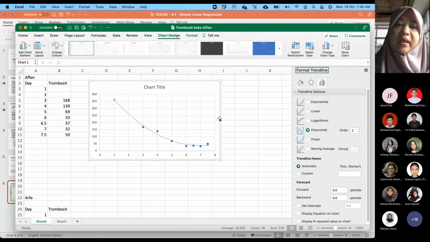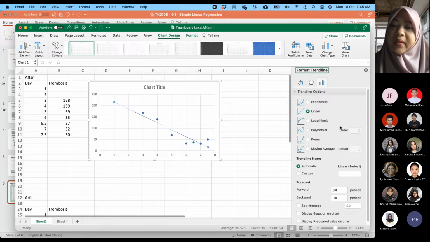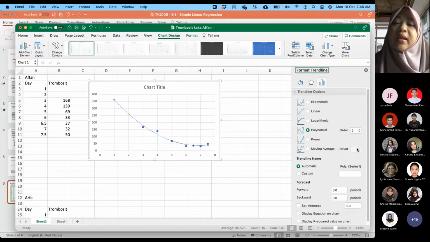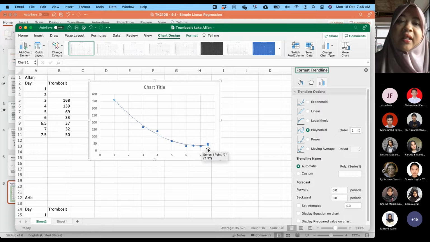Okay, and in the second order, it looks like it has a better fit compared to the linear one. So it will be getting better, not getting worse, for example. So this model tells me that my son will be getting better with time, because they have passed the critical value.